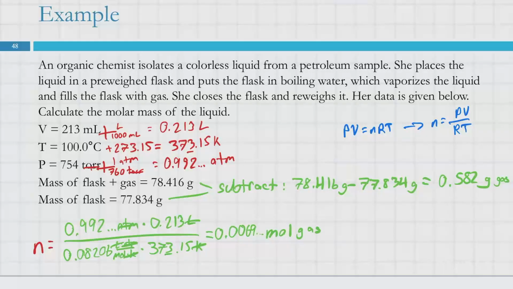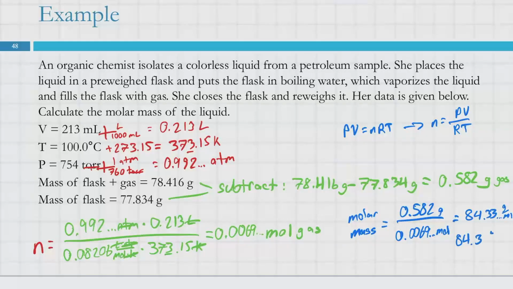And then last but not least, we can calculate our molar mass by taking mass and dividing it by moles. And we get a value of 84.33 and change grams per mole. We would probably round this to 84.3 grams per mole.